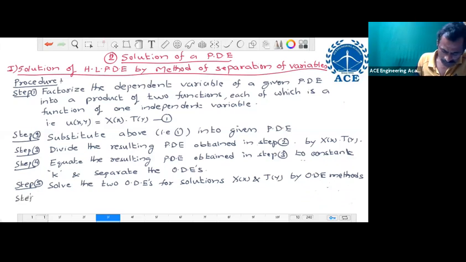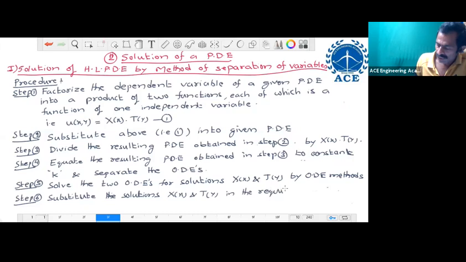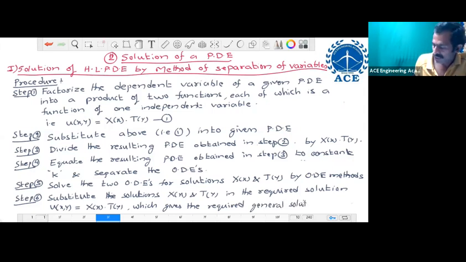Next, step number 6: Substitute the solutions X of x and T of y in the required solution u of x, y equals X of x into T of y, which gives the required general solution of the partial differential equation.